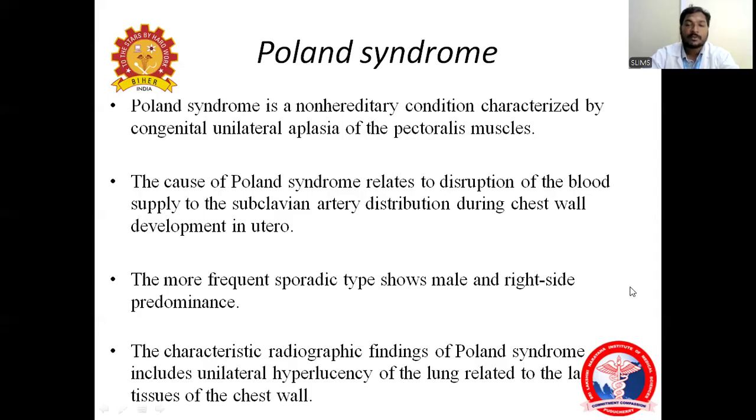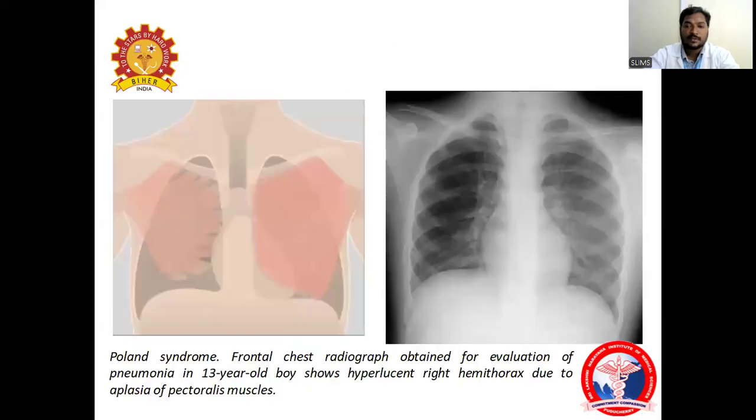The more frequent sporadic types show a male and right-side predominance. The characteristic radiographic finding of Poland syndrome includes unilateral hyperlucency of the lung related to the lateral tissue of the chest wall.